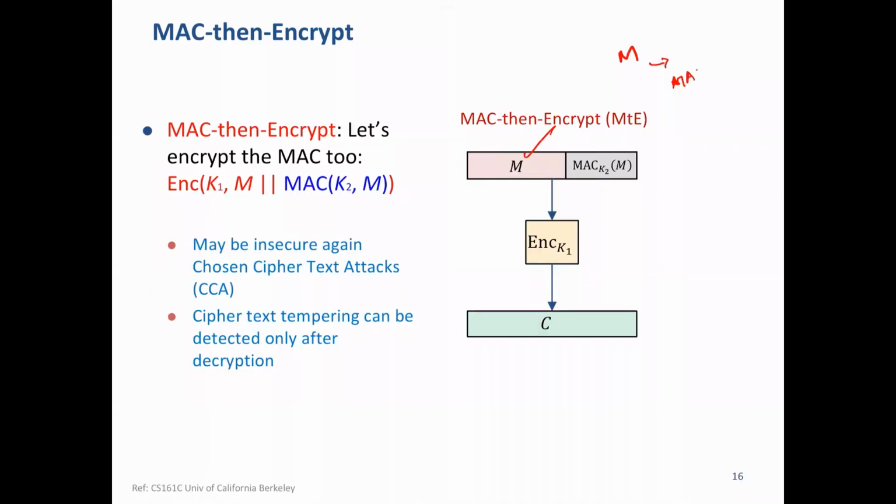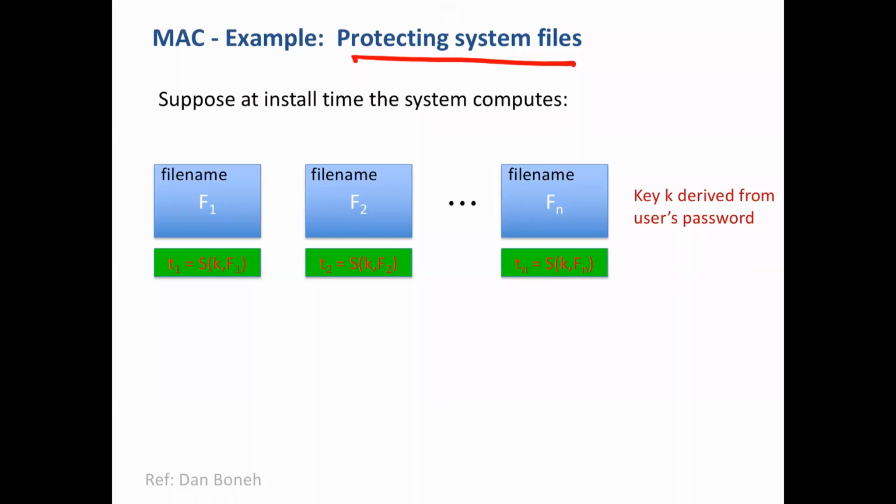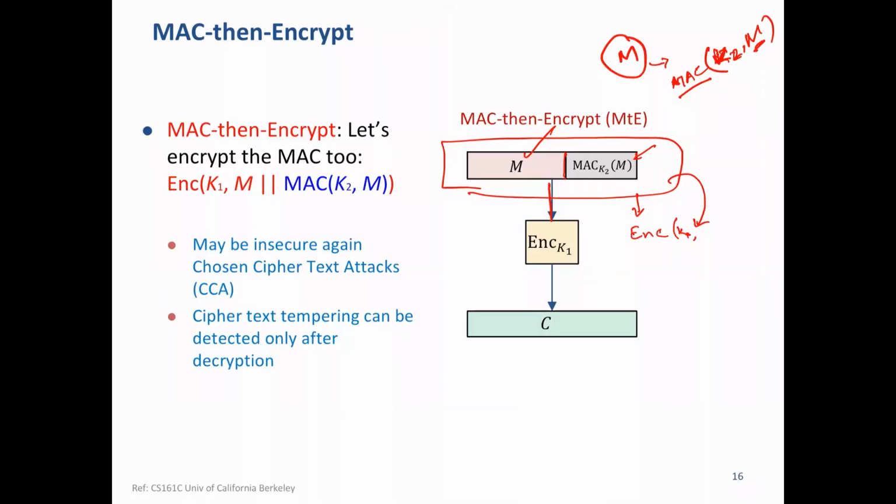If you want, you can of course do this for all the files that you have, but you will have 10,000 files, may not be required. So you take all these system files and use the key K that is derived from your password. Then you use a MAC function and get a tag.